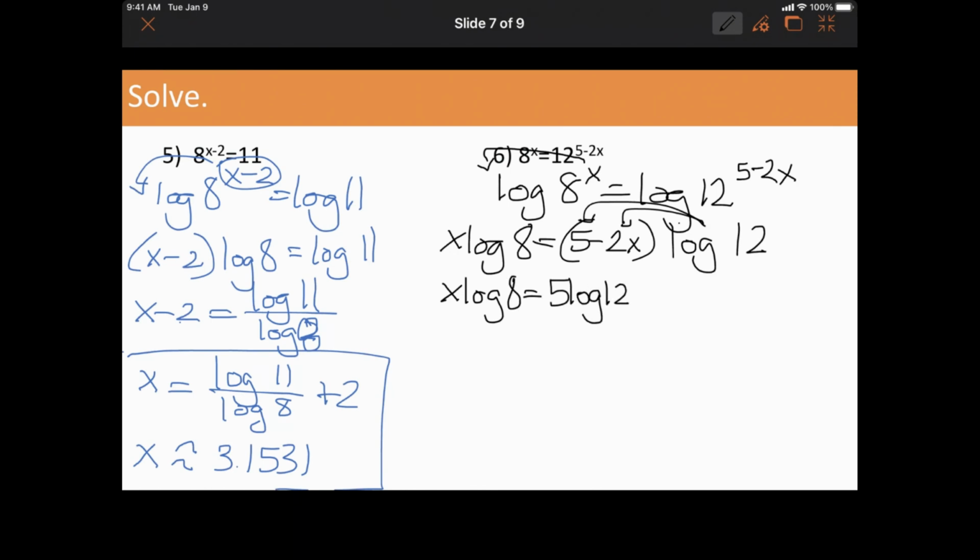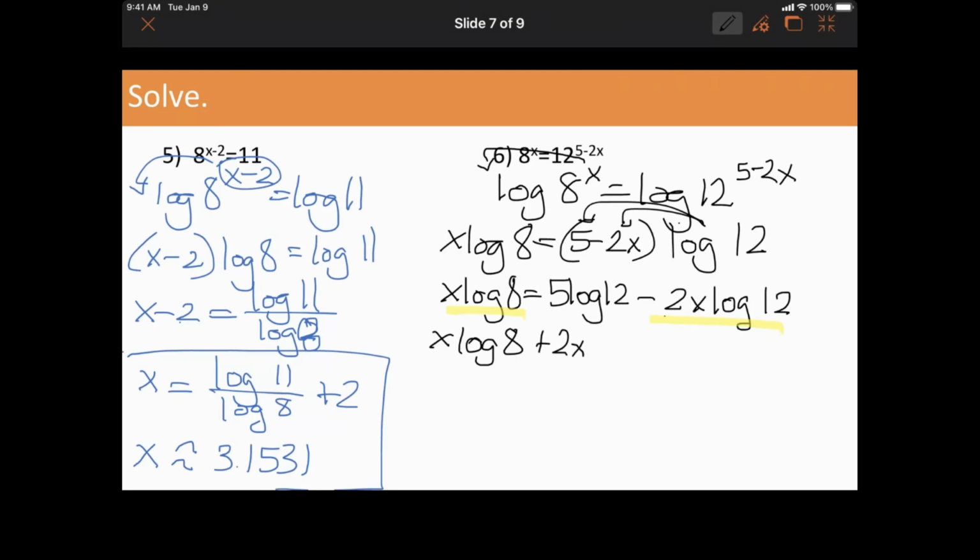And things are going to get very messy very quickly. So, now class, if you do use a natural log, that's fine. That's what you were taught before, and you're comfortable with that. So now I have to combine our x's here and here. So I'm going to move this one to the other side by adding it.